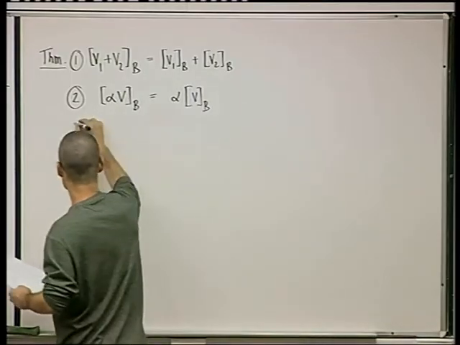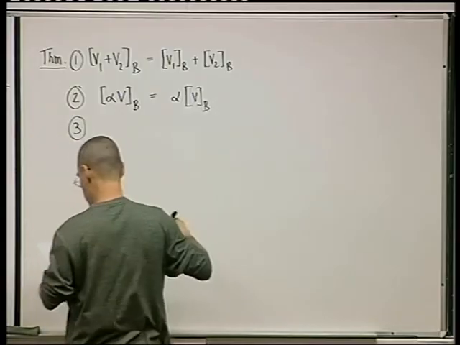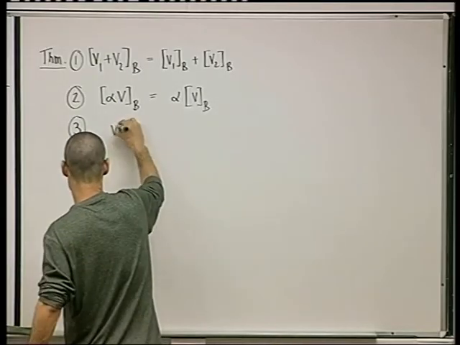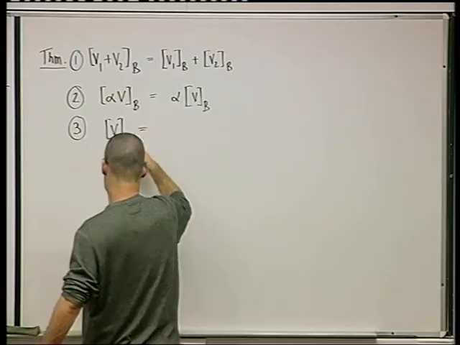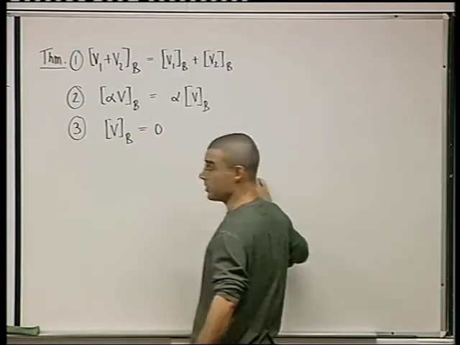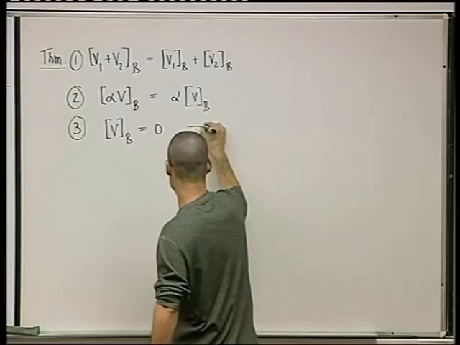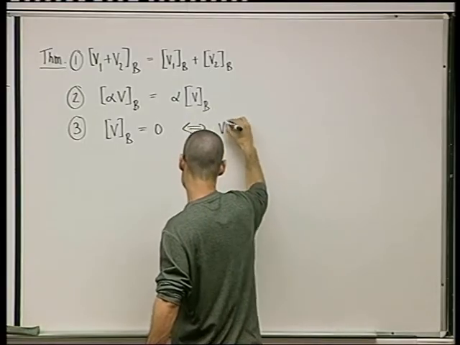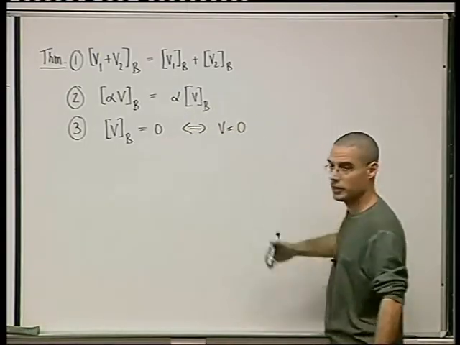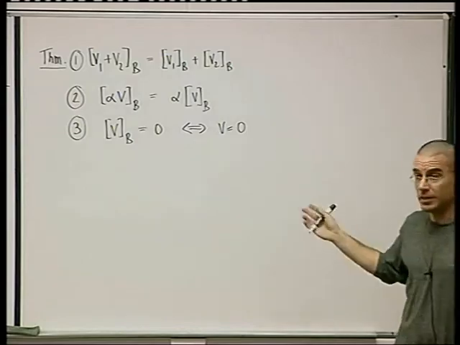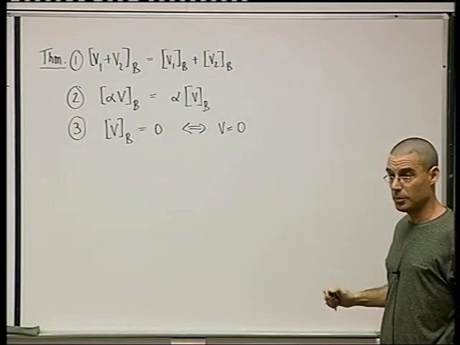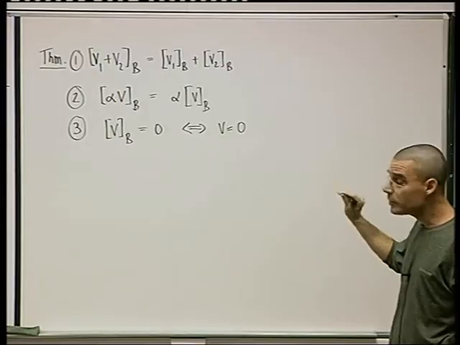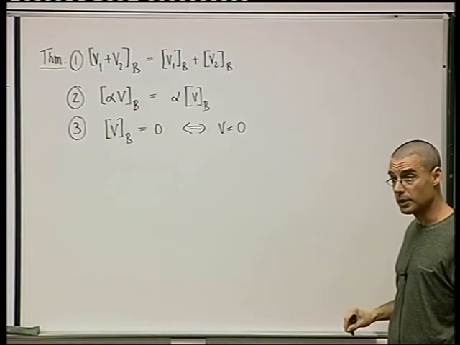And the third mini theorem here is that the coordinate vector of v with respect to b is 0 if and only if v was the 0 vector. That's the only vector whose coordinates with respect to any basis are 0, 0, 0, 0, 0. Right? That also makes perfect sense. You need to spell out the details in order to prove it.